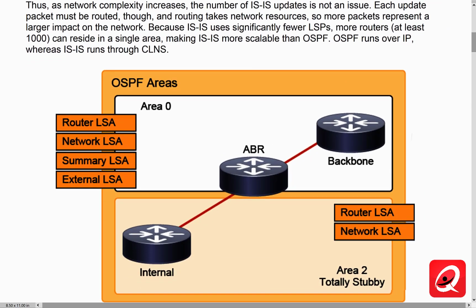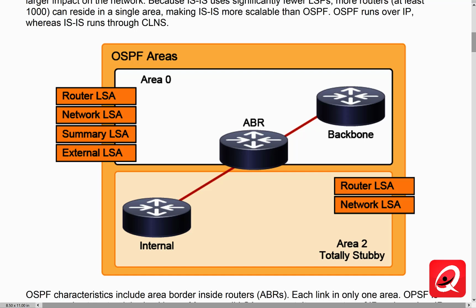OSPF does provide for the incorporation of link state advertisements, but these get sent out individually as needed. So in the case of OSPF, you might see lots and lots of different LSAs being sent, whereas ISIS updates get grouped by the router and sent as one link state packet.